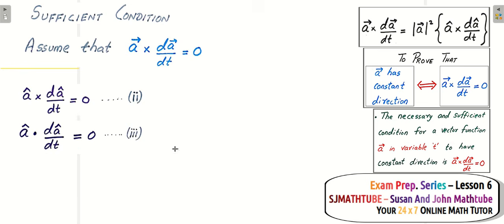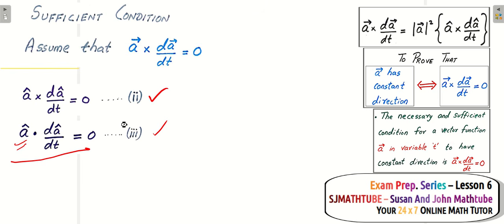So we have two equations, and the first equation tells the vectors are parallel. The second equation tells the vectors are perpendicular. They seem to contradict. Just imagine, can you hold two vectors parallel and perpendicular at the same time? It is impossible unless and until one of them becomes 0. But A cannot be 0.